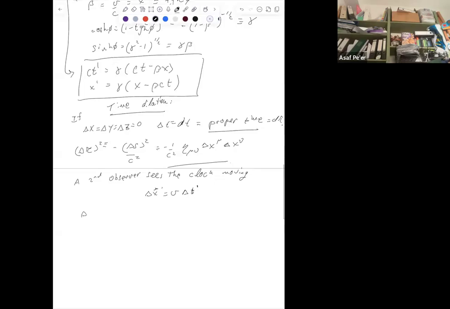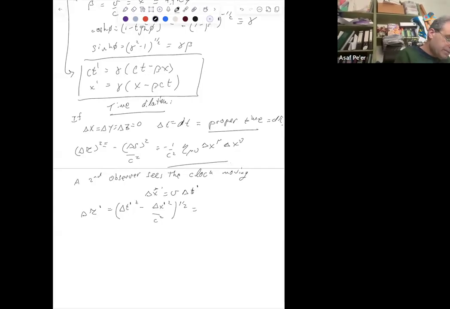And for you, delta tau prime is delta t prime squared minus delta x prime squared over c squared to the power 1/2, and delta tau and delta tau prime have to be the same. Maybe I should write down delta t prime times 1 minus beta squared to the 1/2, but delta tau must be equal to delta tau prime because of this definition here.